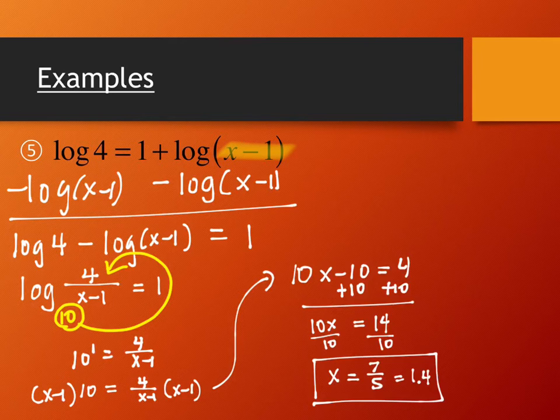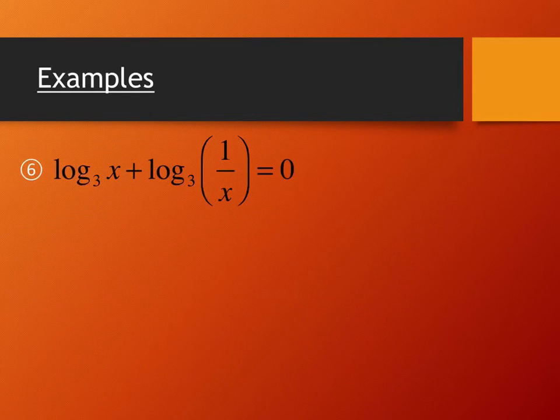Okay, last problem. Are you ready? What's my first step? Combine them using multiplication. All right, so I've got log base 3, and I'll have x times 1 over x equals 0.